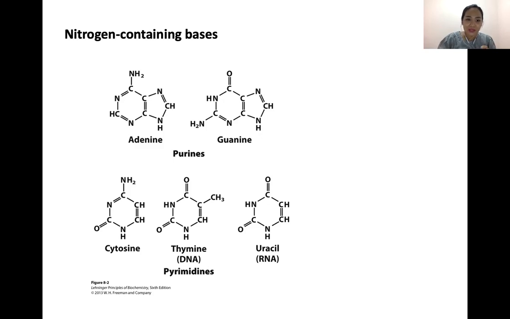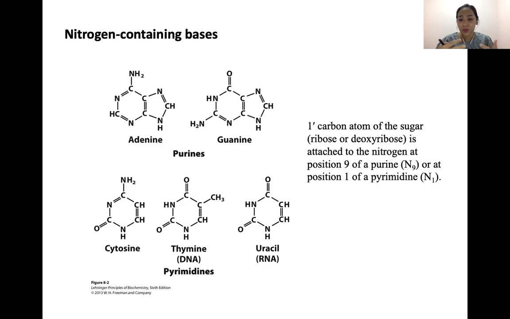Okay. So in the structure earlier, you have seen that these nitrogen-containing bases are attached to the sugar. So where is the point of attachment? For the attachment in the sugar moiety, the 1' carbon of the sugar moiety, whether it is ribose or deoxyribose, is attached to the nitrogen at position 9 of a purine. So where are those numbers? These are the numberings.